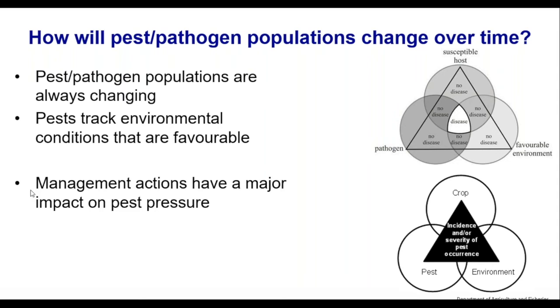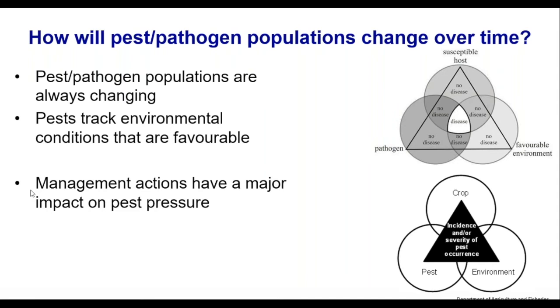And what they found was the pest incidents and outbreaks and populations weren't so influenced by climate so much as by management actions of that crop, whether that be changes in pesticides being applied, or crop management techniques that have changed, or variety choice.